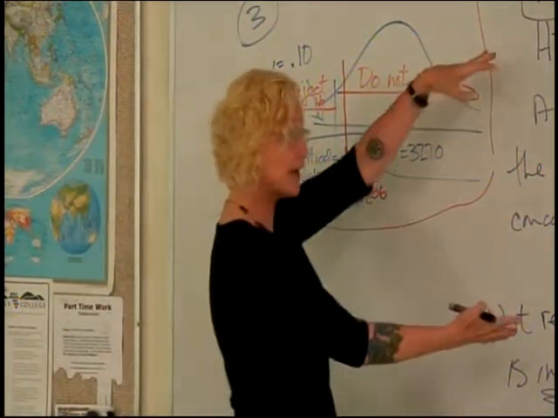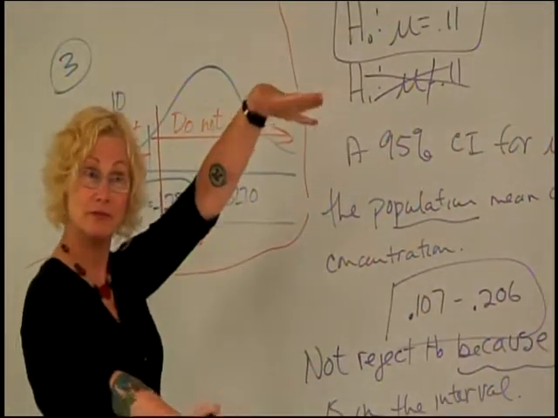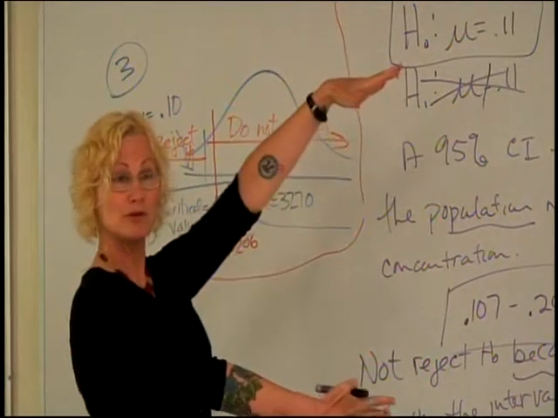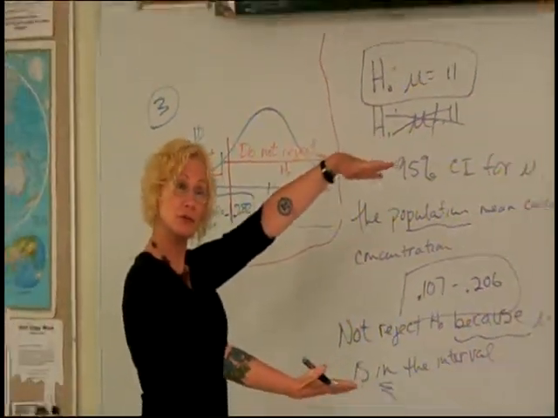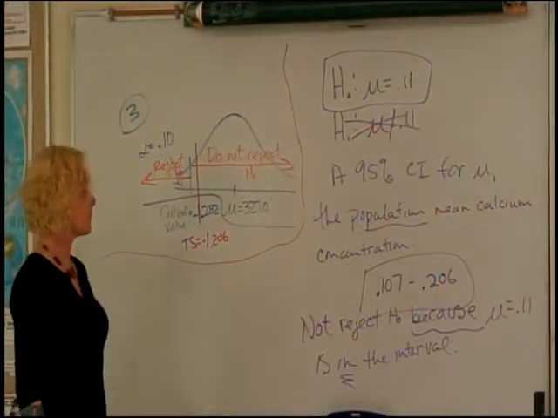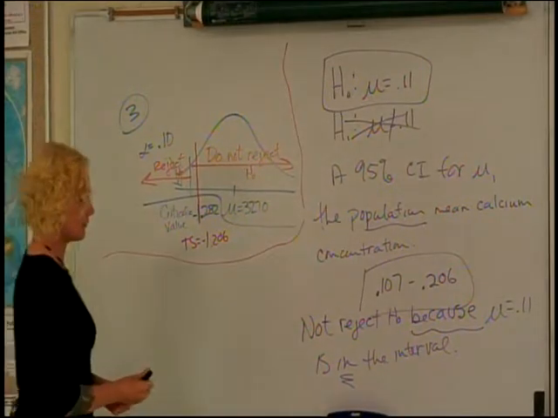For a Z test, we have Z interval. For a T test, we have T interval. For a one proportion Z interval, we have one proportion Z test, so on and so forth. Okay, so third way of looking at a hypothesis test.